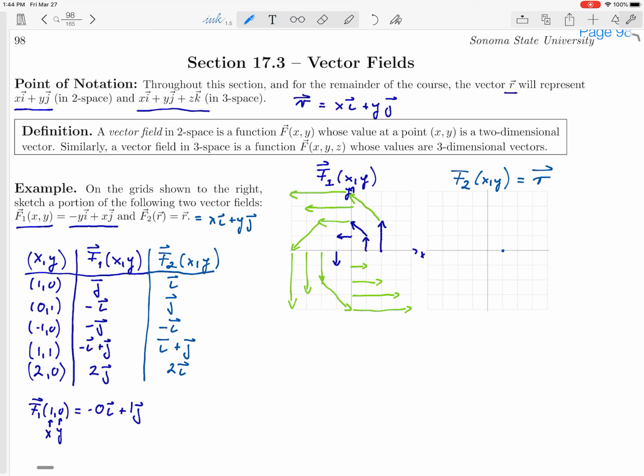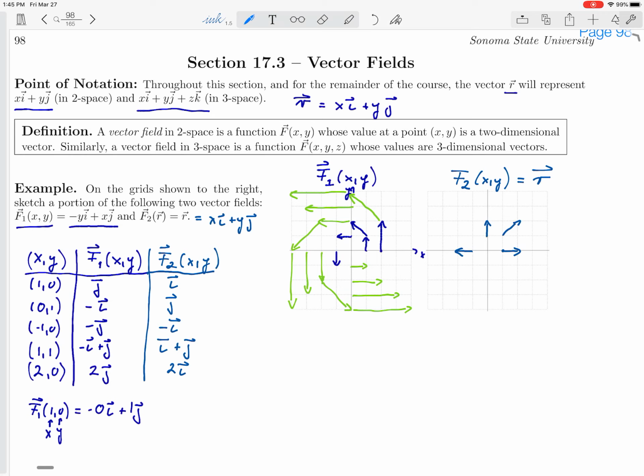Now, what do those vectors look like? Let's draw them. So at 1, 0, right here, I get the vector i, so unit vector pointing to the right. At 0, 1, I get the unit vector j pointing straight up. At minus 1, 0, I get this unit vector pointing in the negative x direction.